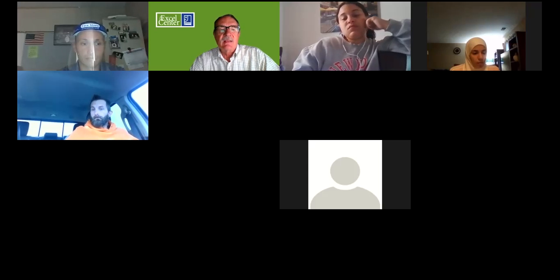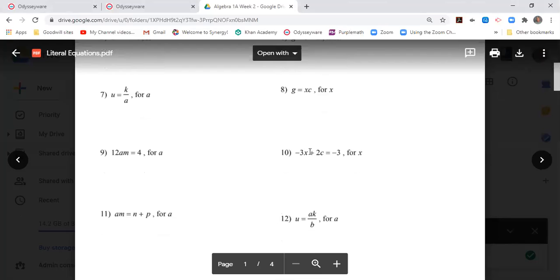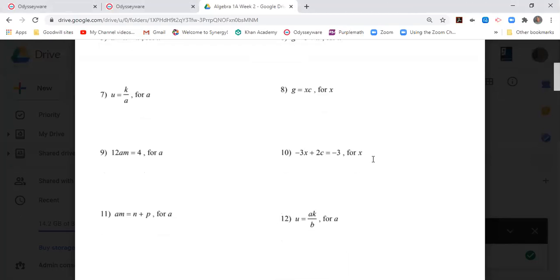I want to go back to these literal equations for a second though. Like this one here, -3x plus 2c equals -3. Problem number 10 says solve for x. Don't have to use any reciprocal on that one.